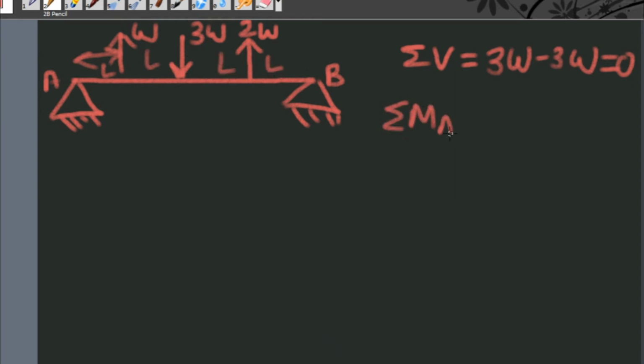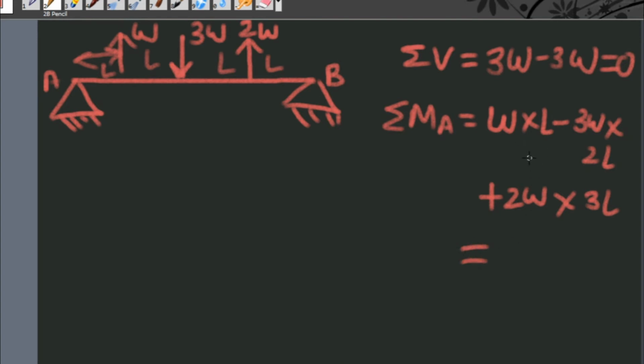So the moment about A is equal to, here the moment W into L. Here I am taking anti-clockwise as positive and clockwise as negative, minus 3W and the length between the point A and this is 2L, so 3W into 2L, then again anti-clockwise, so take 2W multiplied by 3L.